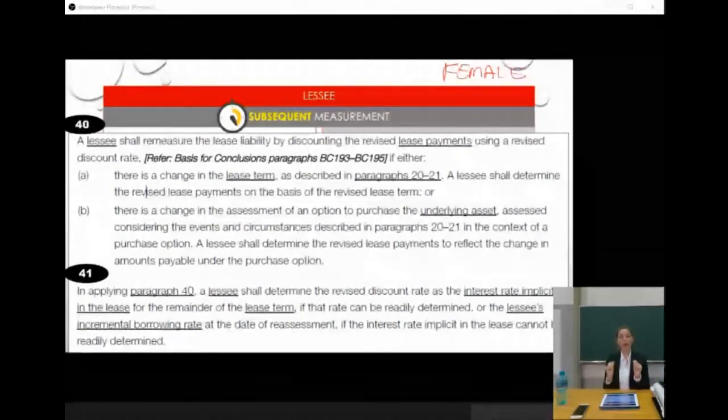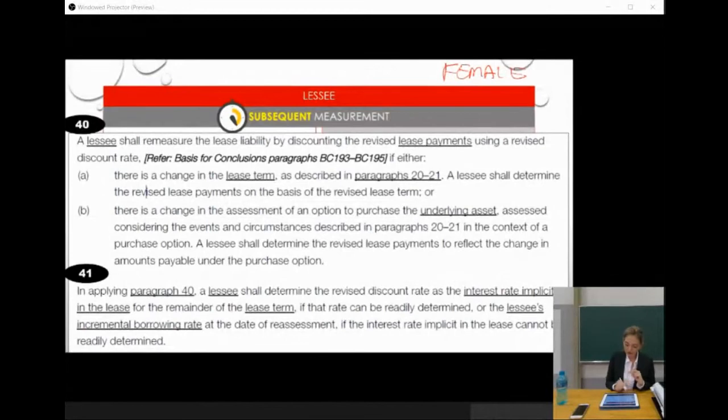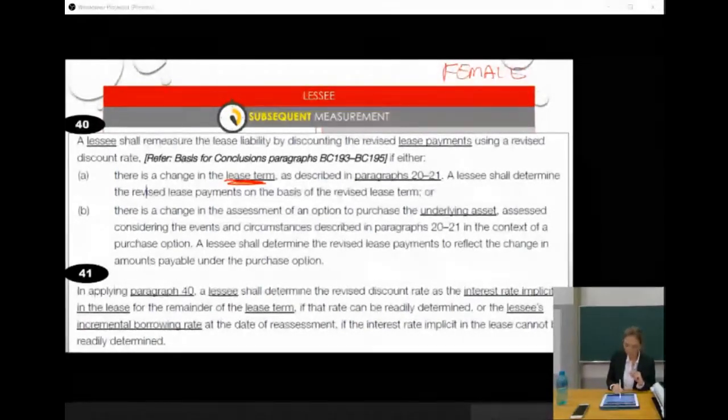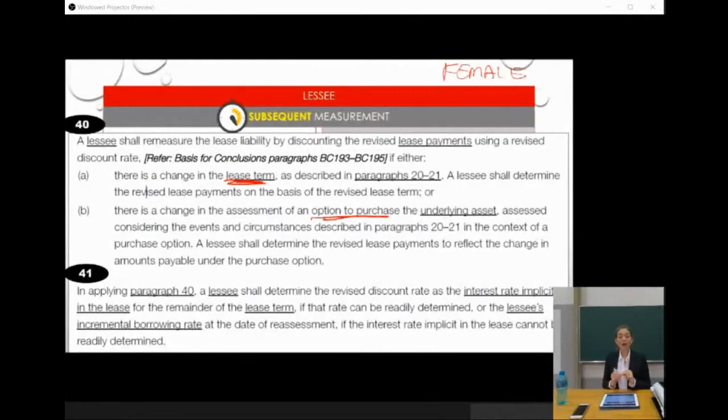So what these remeasurements are is, first of all, with regard to the lease term, as well as the option to purchase. That's our female remeasurements, because at the beginning of the lease, say for example there was an option to extend the lease term.